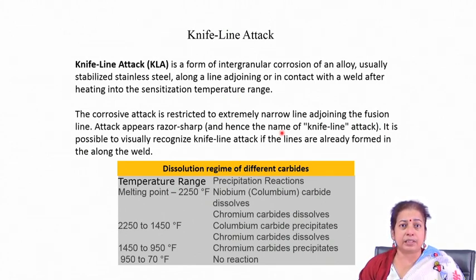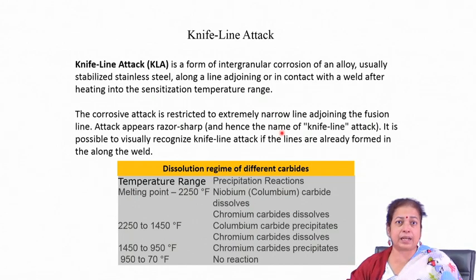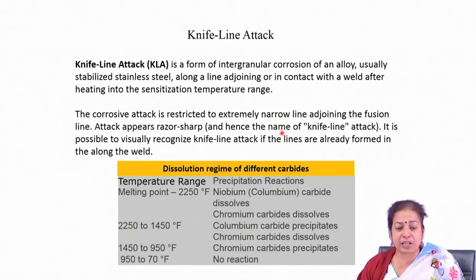And this particular knife line attack is particularly observed in the desensitized steel, or you can say stabilized steel, where you have addition of columbium carbide, titanium carbide, niobium carbide, that is, addition of titanium, niobium or columbium.